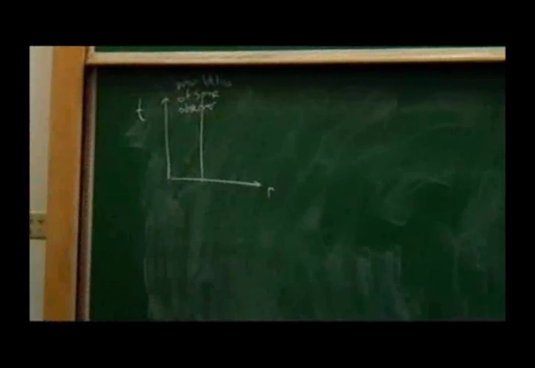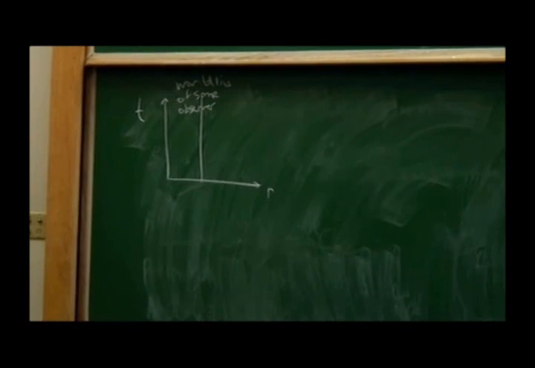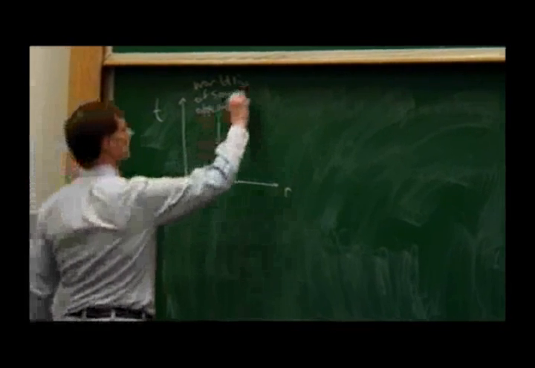Let's say some galaxy. And I'll suppose that all the galaxies that I'm putting down here participate in this uniform expansion. They're what we call co-moving observers.